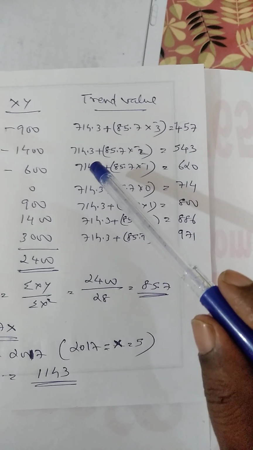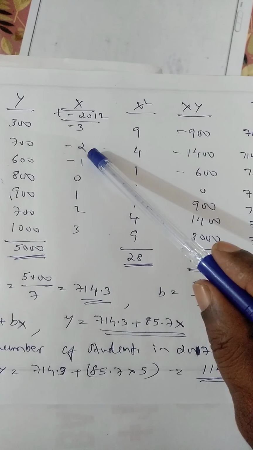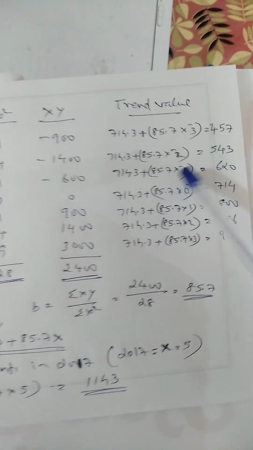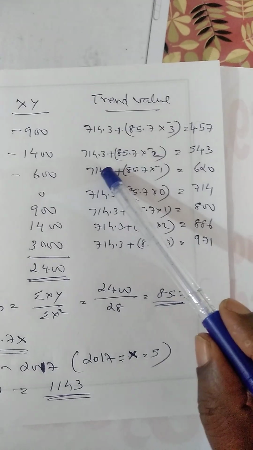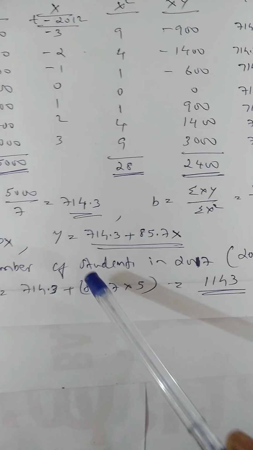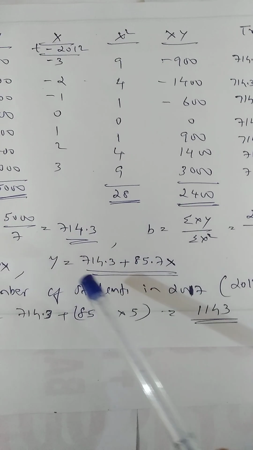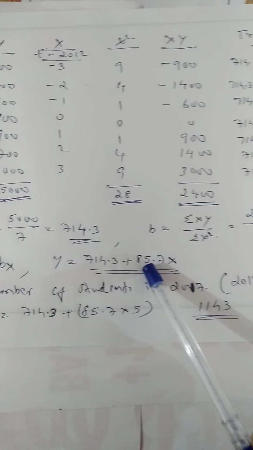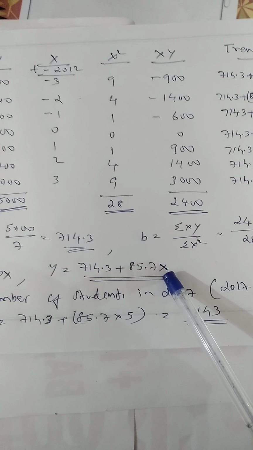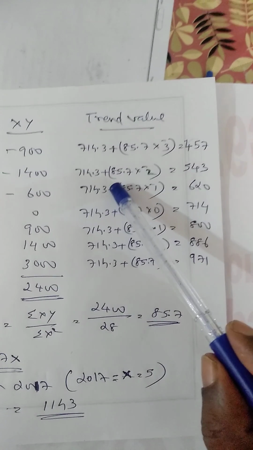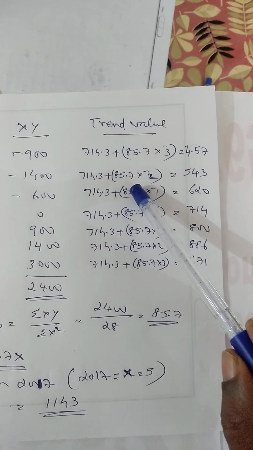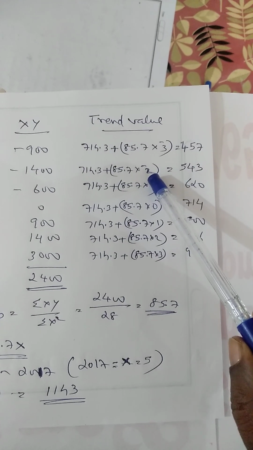Okay. And in the next equation, for the next trend value, we have to use minus 2 in the place of x. I already told you that A and B are constant figures. This A and B should be taken as constant, and we change the value of x variable. So this 714.3 plus 85.7 into minus 2.